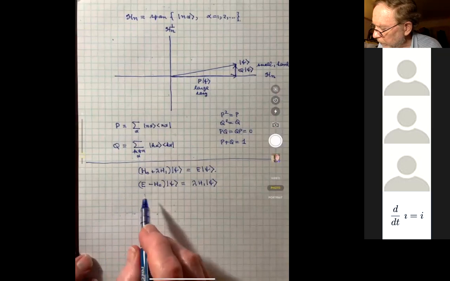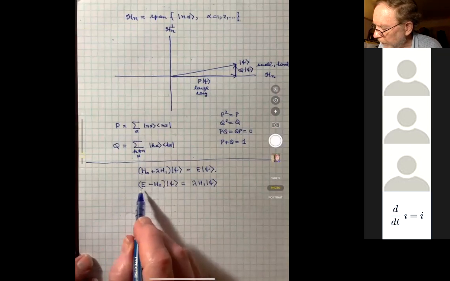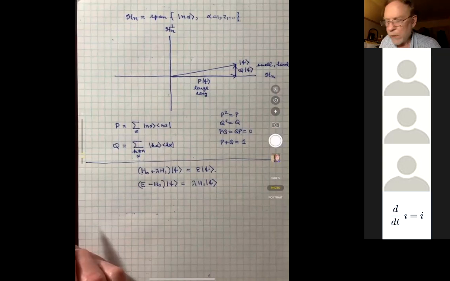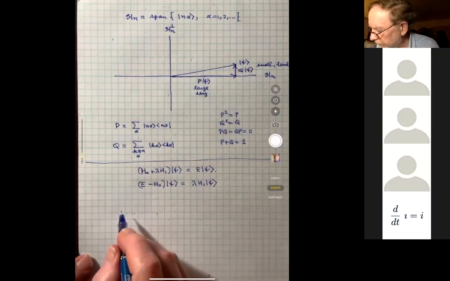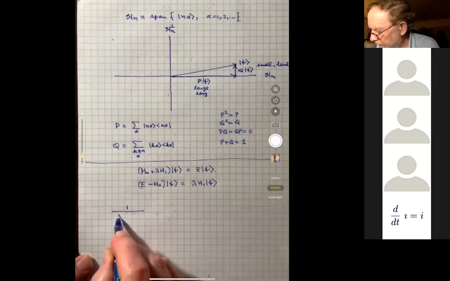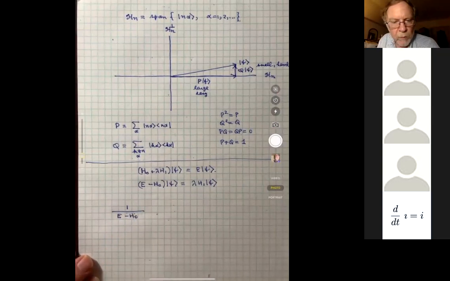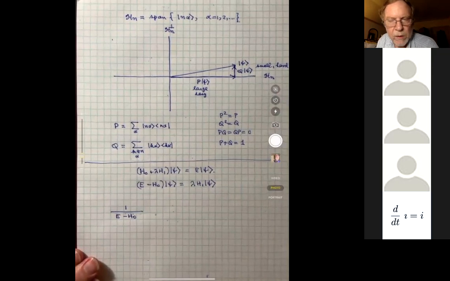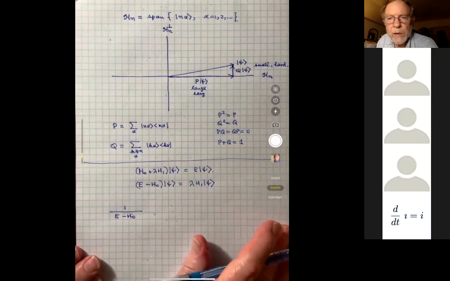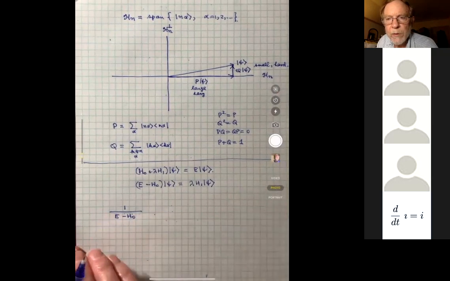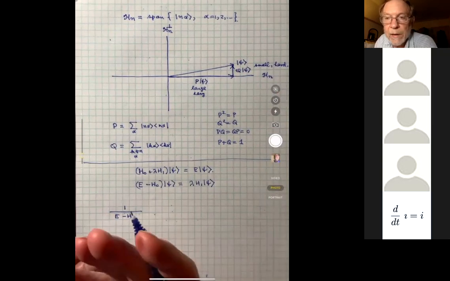What we'd like to do with this equation is to divide by the operator E minus H0. It turns out it's convenient to do that. If we wanted to divide by E minus H0, we need the inverse operator. And there's a question of what the inverse operator even means. This is an example of a function of an operator. And way back in the very first lecture, I talked about functions of operators. So whenever this question arises, what do you mean by a function of an operator, refer back to that.